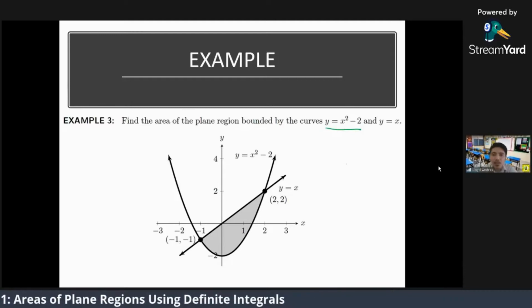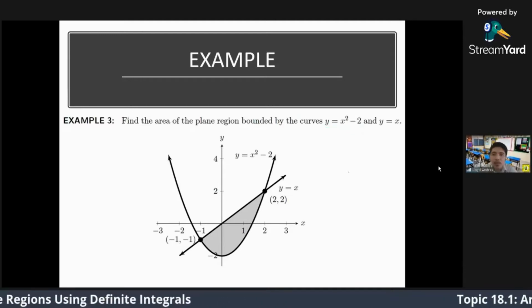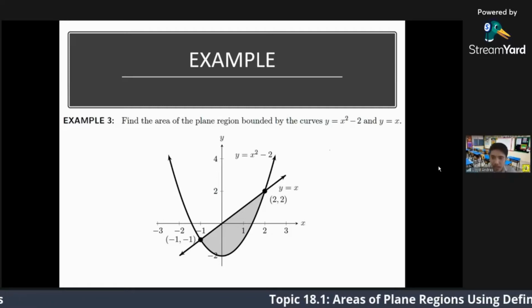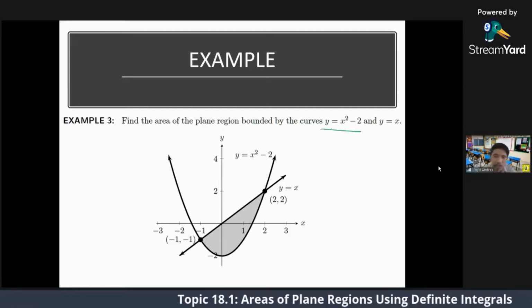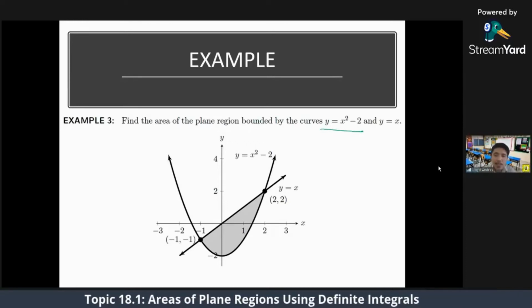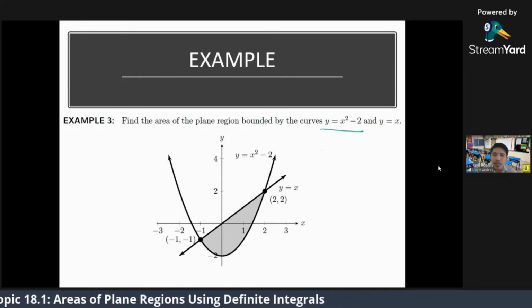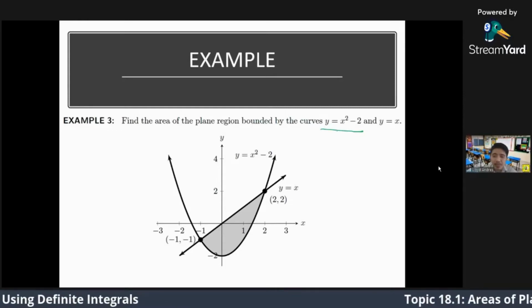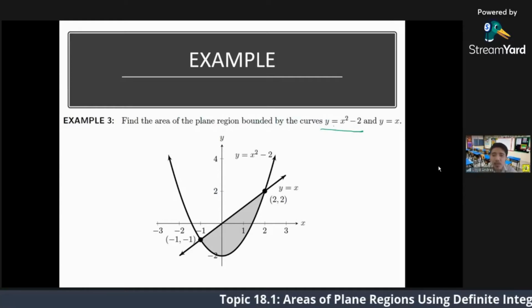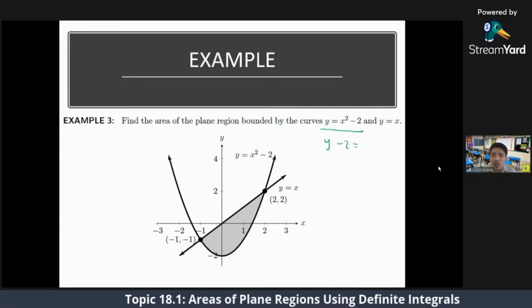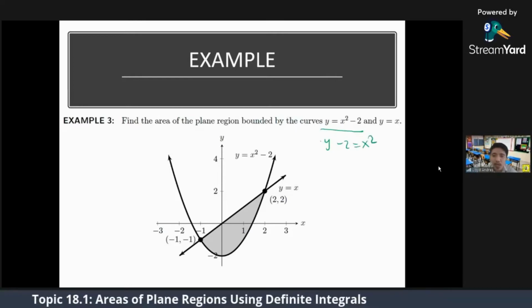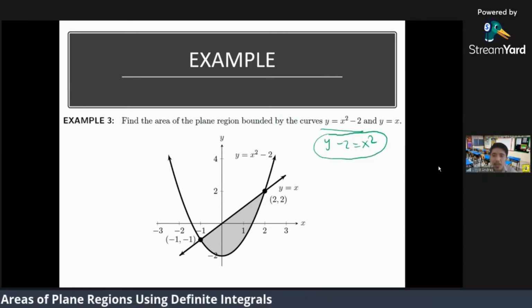Then ang question to sketch the parabola, ang pinaka-importante i-determine is atong vertex. Gina-isolate tong naka-squared. So this will become y plus 2 equals x squared. From this one, ma-determine na nato ang vertex.